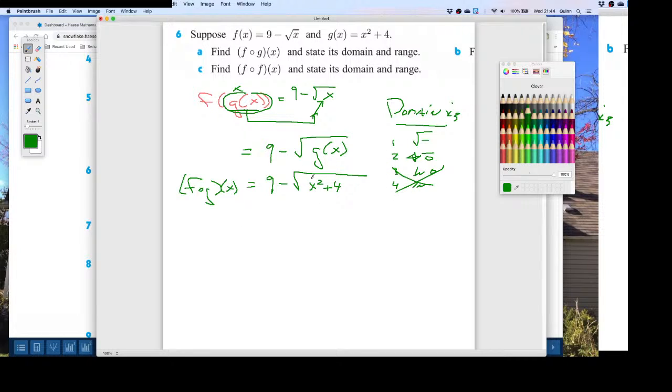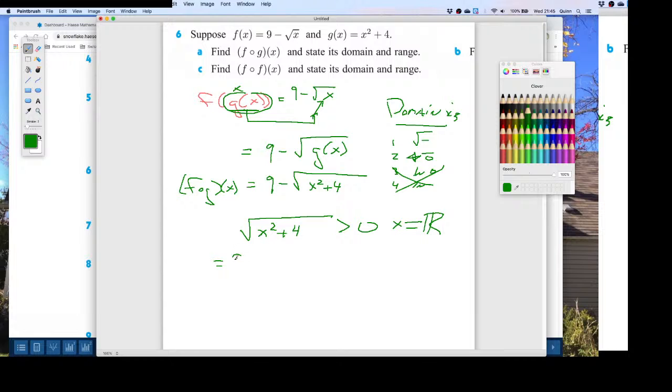But we have a square root, and this square root has to be greater than or equal to 0. So is there any chance that if we put an x in here, this will ever be negative? You should say no, because if you put a negative number into x squared, it'll switch to positive and you'll be okay. So for this example, your domain is all real numbers. You can put any x in there. All right.